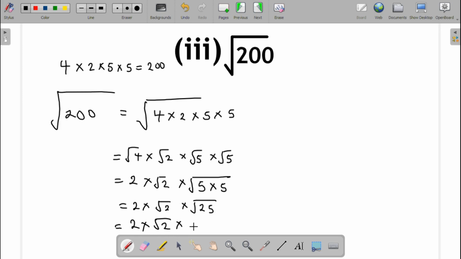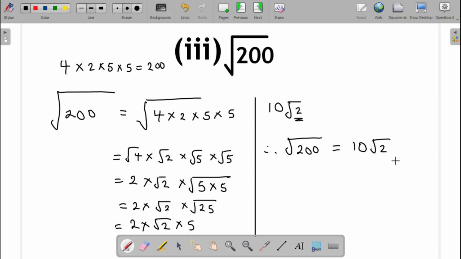Root 25 will give us 5, right? Now this becomes 2 times 5 will give us 10. This becomes 10 root 2, right? So therefore, root 200, the reduced form of this, is equal to 10 root 2.